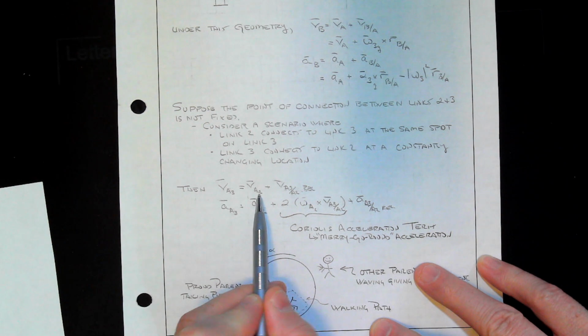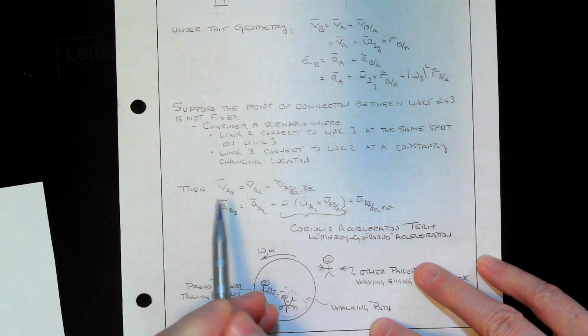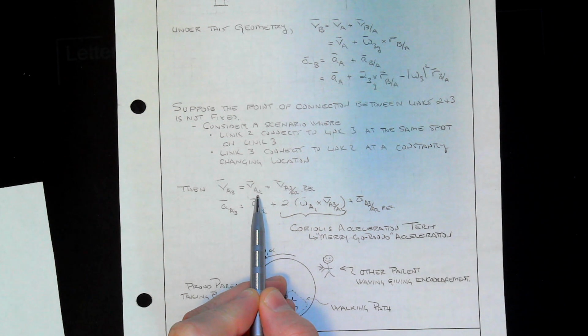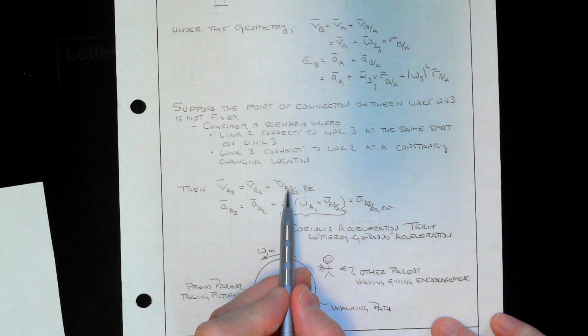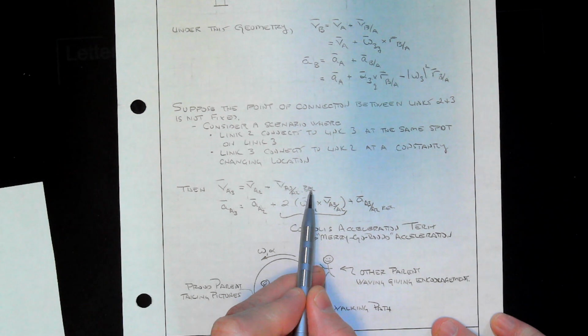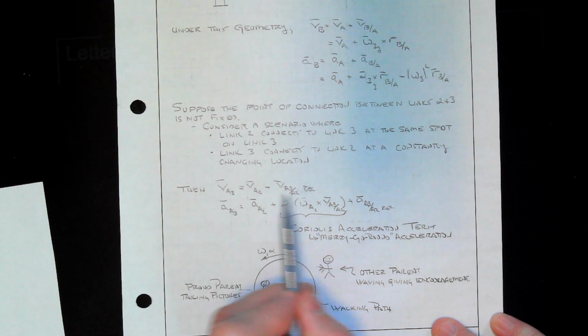From the merry-go-round to your feet, it's simply the velocity of A in link 2, which we can get conventionally, no problem. And then we have V A3/A2 relative. What does this mean? That REL is really important.